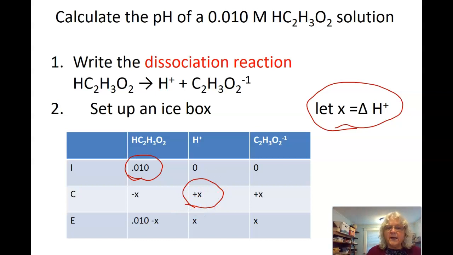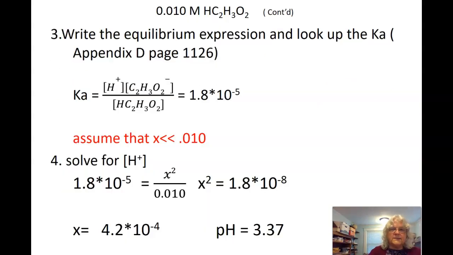If the H plus gains X, since the acetate also has 1, essentially they're the same, it also gains X. And the acid loses X. And so then I calculate what I have left. I've got equilibrium concentrations for the hydrogen, the acetate, and the acetic acid.